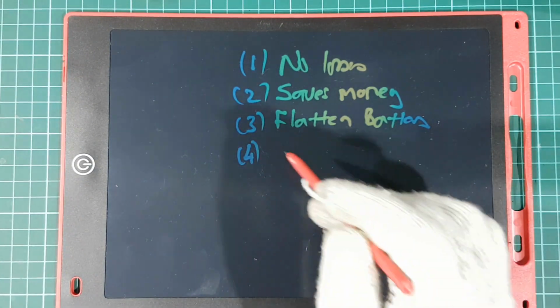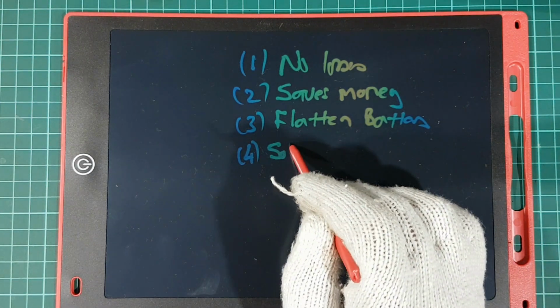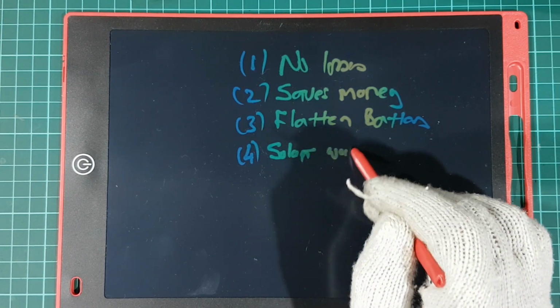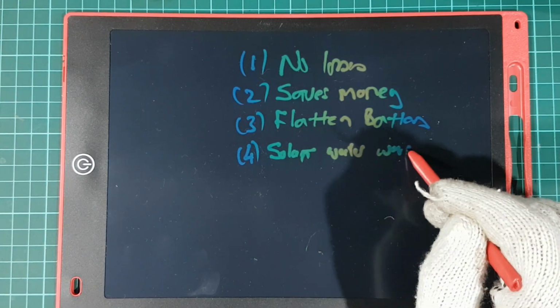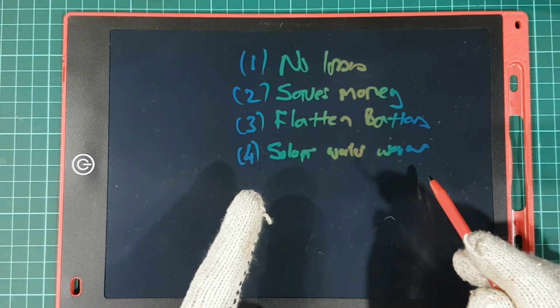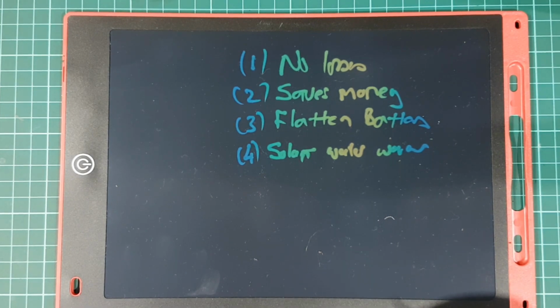The fourth advantage is you don't have to spend a lot of money on a dedicated solar water warmer. You literally take the money you would have wasted on that and just add 2 more panels and take the change and go have a party or something with it.